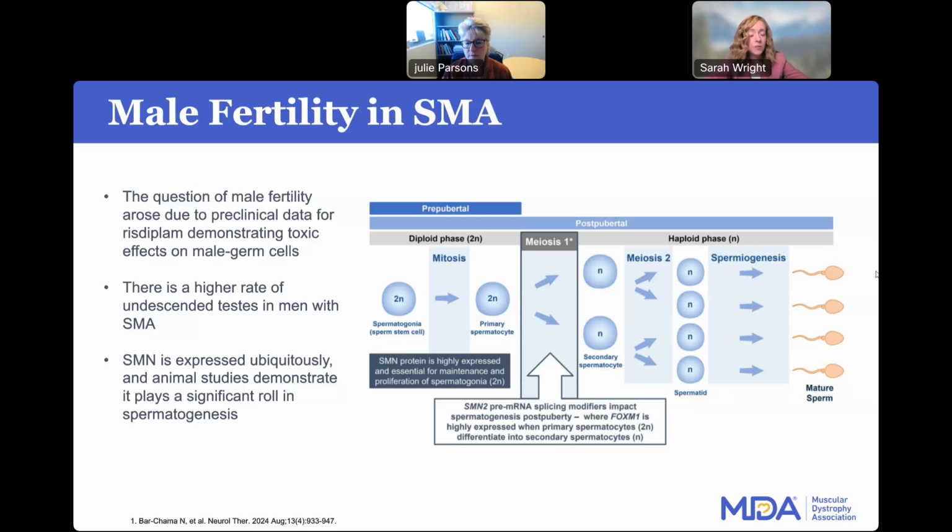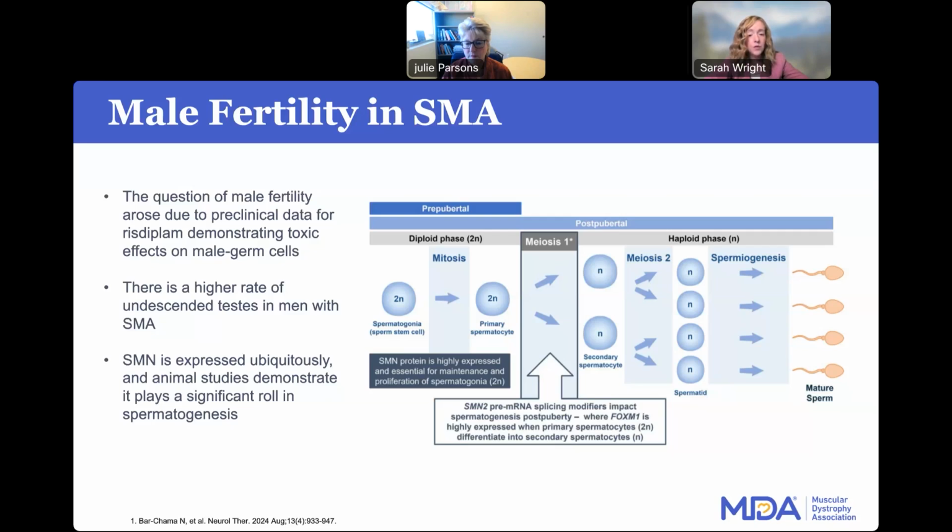There is a higher rate of male fertility issues in adults with spinal muscular atrophy that has been shown. Those patients who have severe phenotypes of SMA with 2 copies of SMN2 also have a higher rate of cryptorchidism, or undescended testes, which can affect male fertility and increase risk for testicular cancer later on.